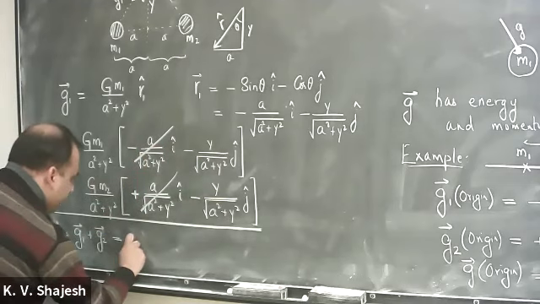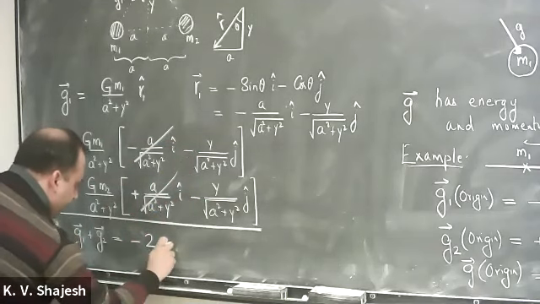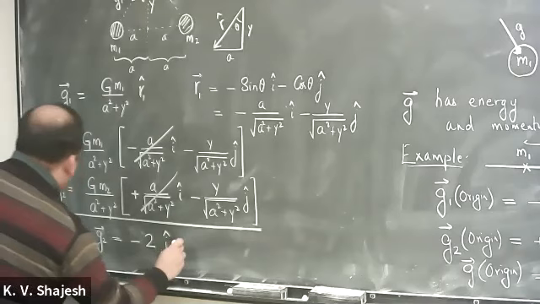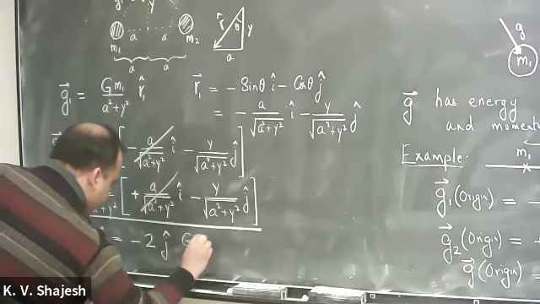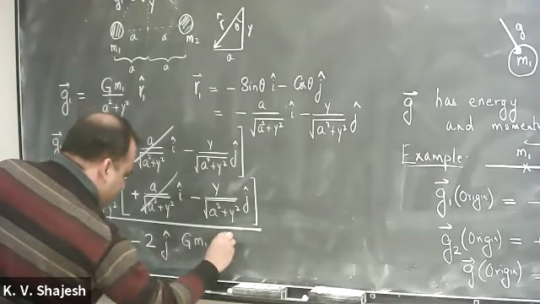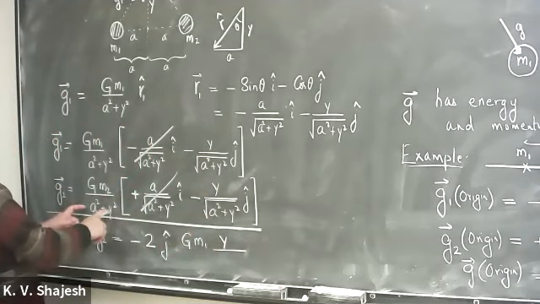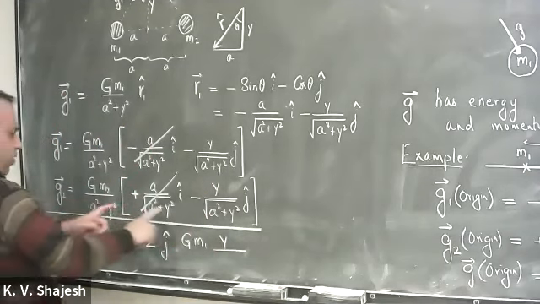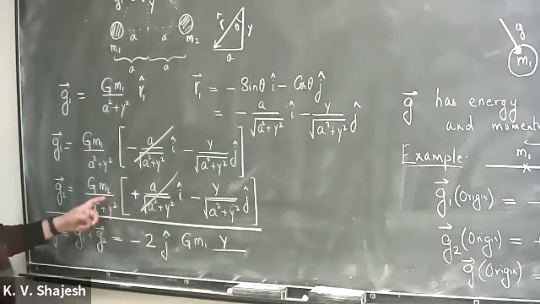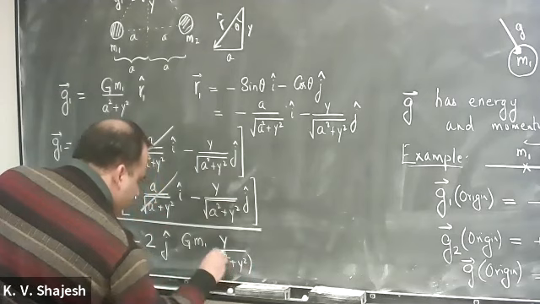So there's minus 2 and a j hat, and the rest stays the same. So this is G M1 and then there is y. When I write this down as the square root of a squared plus y squared, there's a half and a power of 1 here. That's 1 plus a half, which is 3/2. So that's a squared plus y squared raised to 3/2.